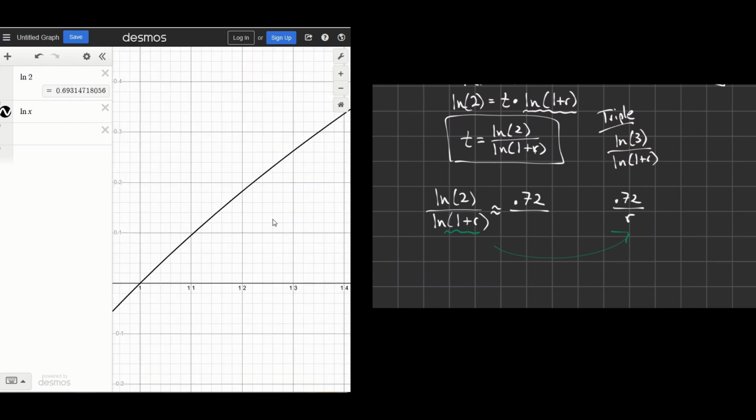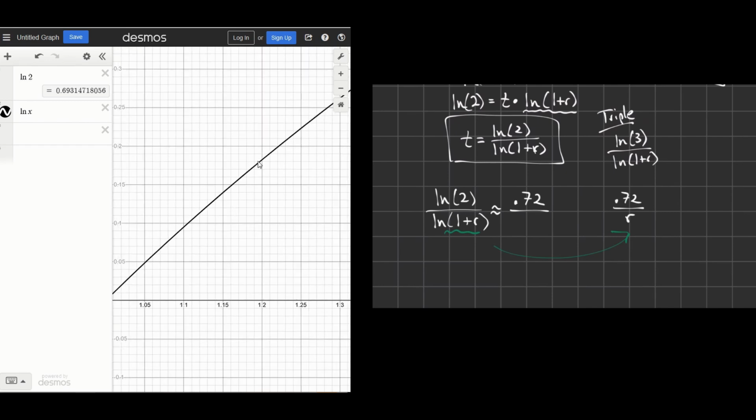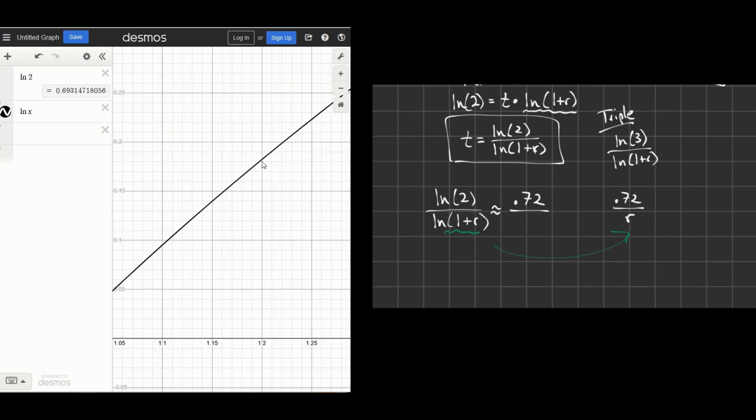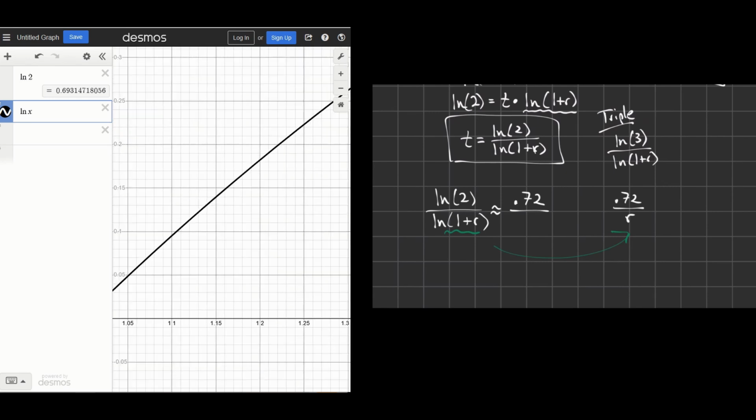Now you will notice that this doesn't always hold true. It does start to deviate away, like here at 1.2, instead of being at 0.2, it's closer to like 0.8. I'm sorry, it's closer to 0.18. So we've got to be careful there that this doesn't always approximate these values.